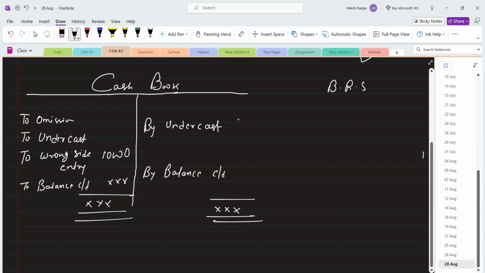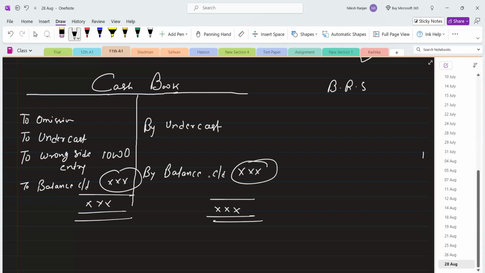So if credit side is less, then you have to write "by balance c/d." If debit side is less than the credit side, then you have to write "to balance c/d." So you will write the amount. This balance, either on the debit side or credit side, will be used to prepare the bank reconciliation statement.